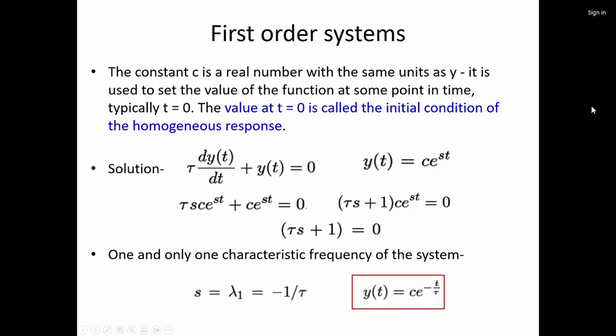So again we come back to the first order system, which is tau dy over dt plus y(t) equal to 0, and you get a response which is y(t) equals C e to the power st. Now first order and second order systems are important, because after this we are going to talk about measurement of temperature, pressure, flow rate, and various other parameters.